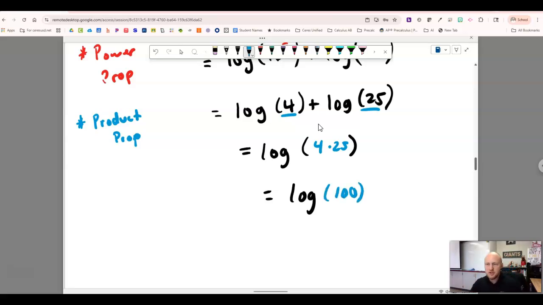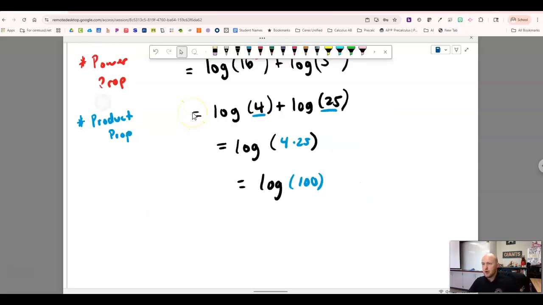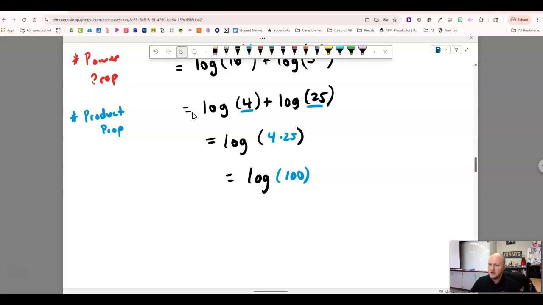And for most questions, this would probably be like a multiple choice question. This would be your answer. But this one does have some definition-based properties in it as well. So let's go ahead and look at that. Again, remember that this is the common log, meaning that it is base 10. So I'm going to rewrite this as log base 10 just to help illustrate why I'm doing this.